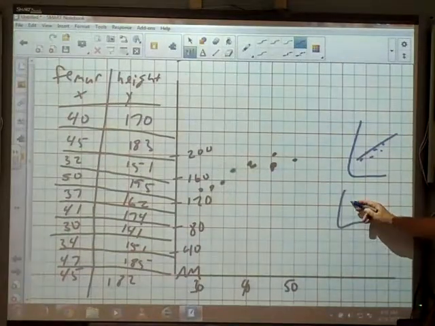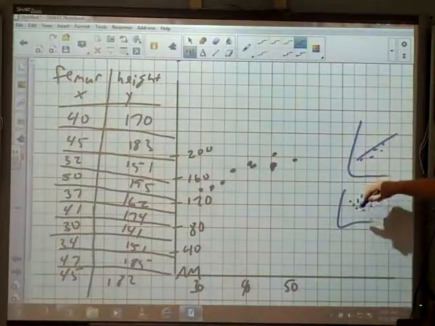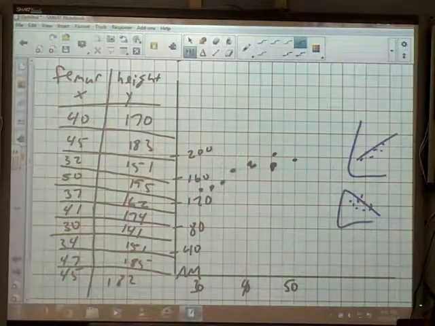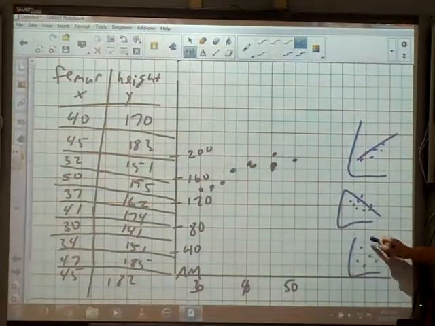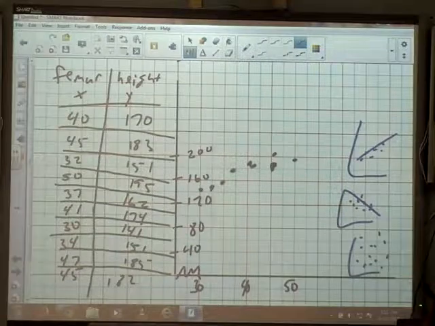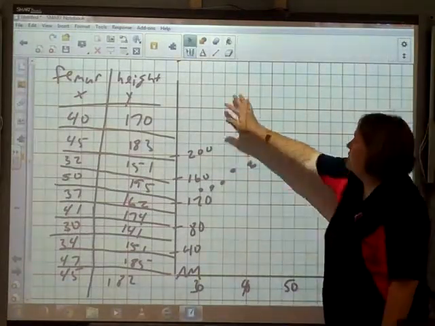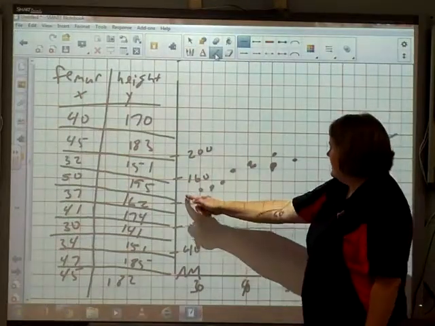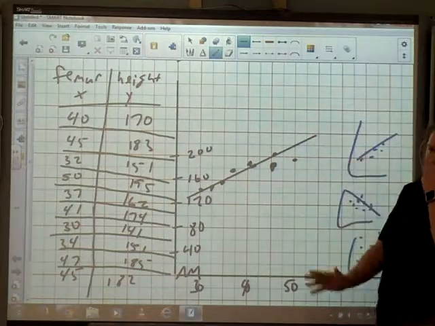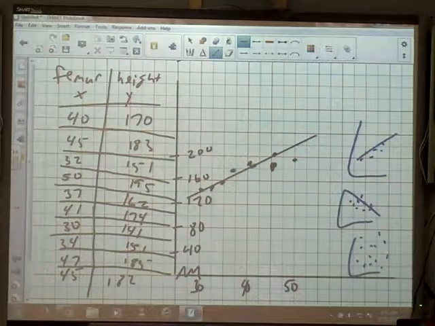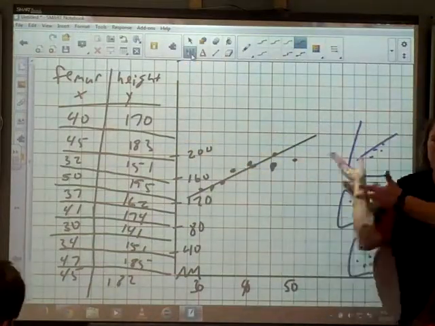I could have something that looked like that, even though they're not all on a line, they do have a negative relationship, right? And then the other option is just points scattered everywhere. But this one does have a positive relationship, so you could draw a line of best fit that goes through most of those, a good representation of those points. So yes, this has a linear relationship. What kind? Positive, because it's going uphill.